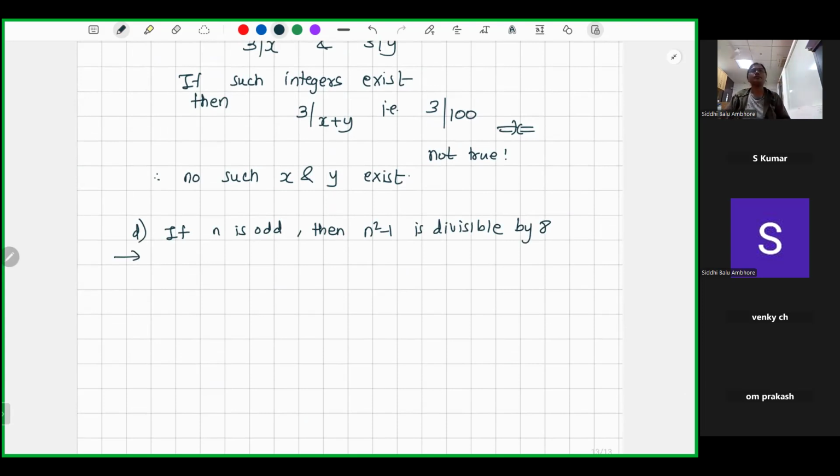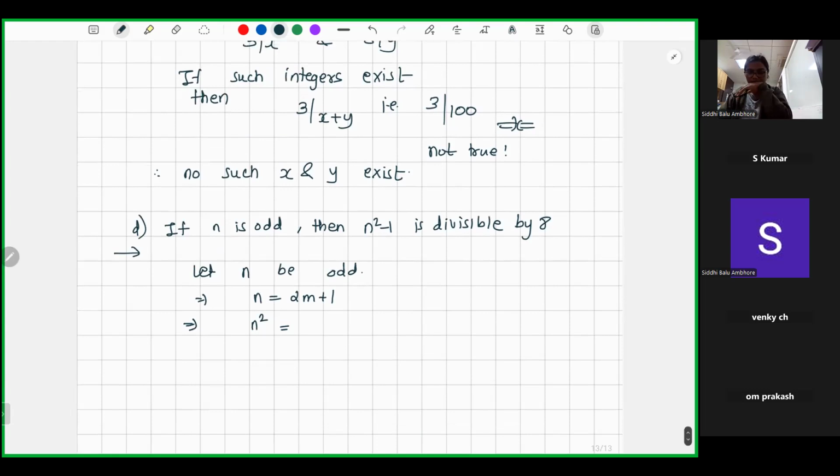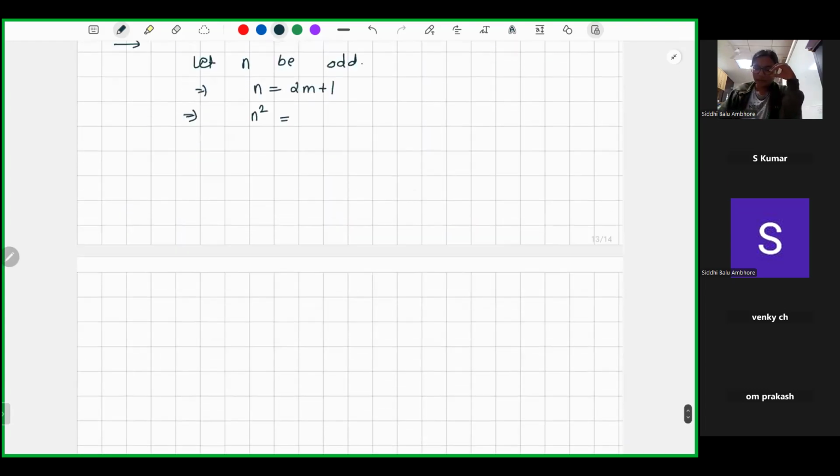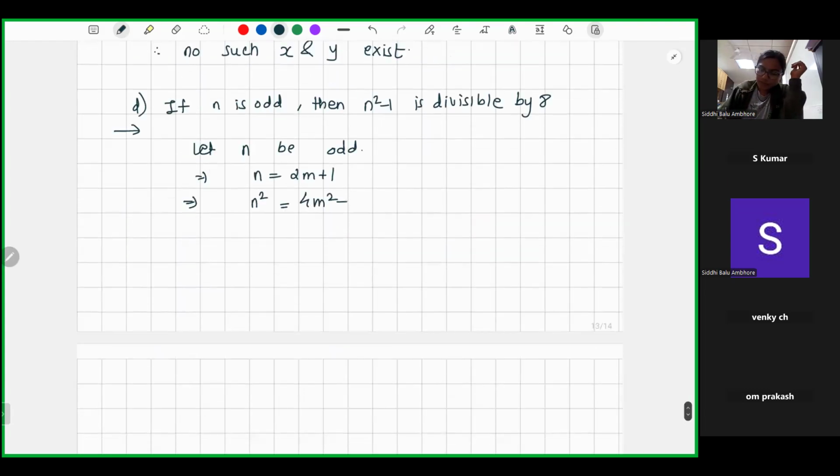So any guesses whether this is true? Given that n is odd, let n be odd. So n square is what? n is some 2m plus 1. This implies n square is 4m square plus 4m plus 1.